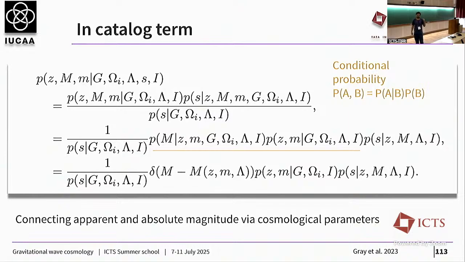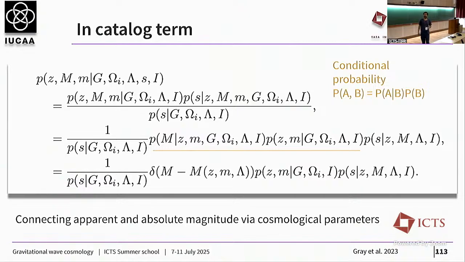So how do you assign the redshifts? If you don't have a counterpart, then you need to have some sort of a prior along the direction to the gravitational wave event, where the redshift of the host galaxy of this event may be. And that is exactly where the cosmological information will go.